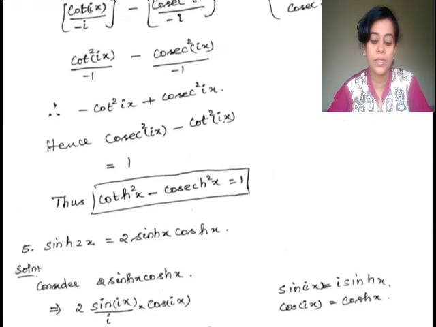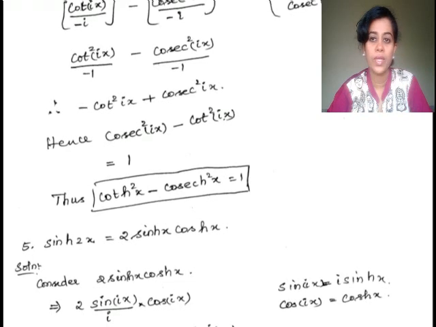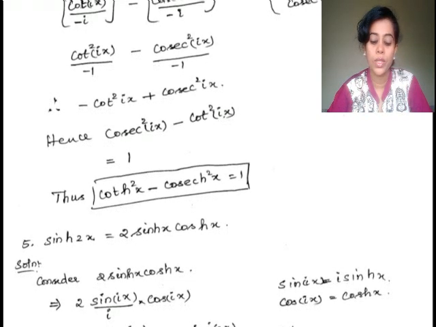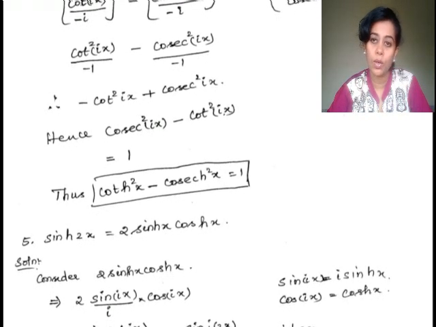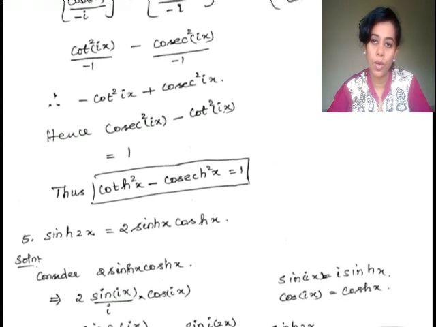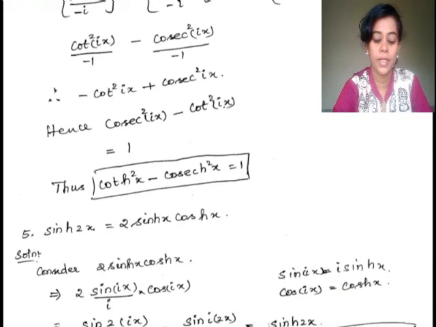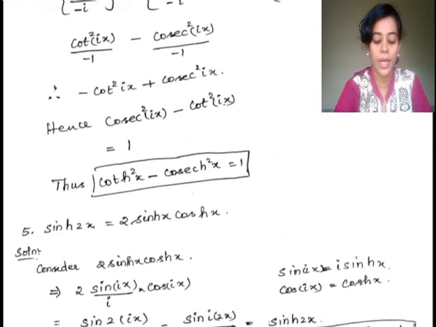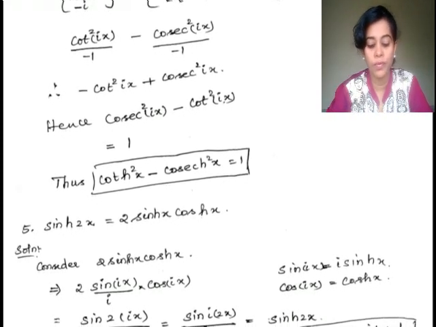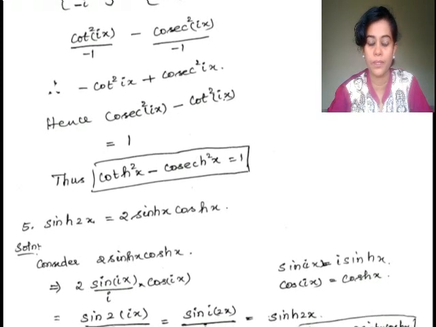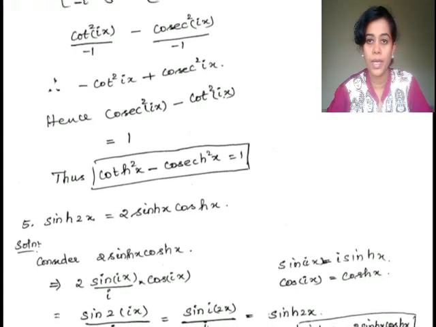We can write sinh x as sin ix by i. So it is 2 sin ix by i, and cosh x will be cos ix. When you multiply these two, we get 2 by i of sin ix cos ix.